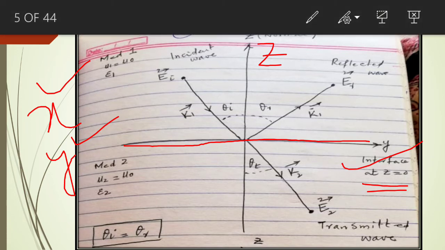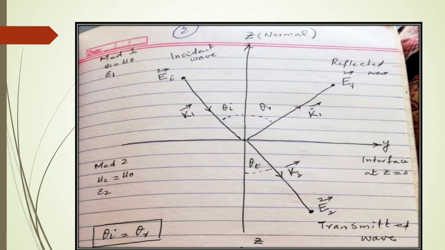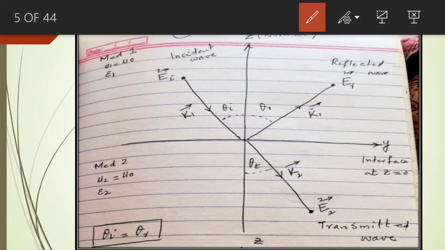So we consider the different waves in this particular diagram. You see, here is the incident wave. The electric field intensity of the incident wave is represented by EI. The propagation constant of the incident wave is represented by K1.